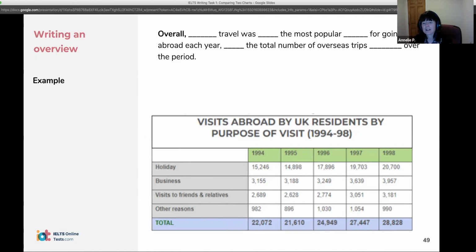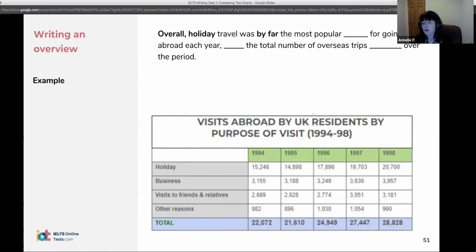You're a bit ahead of Patricia. What kind of travel was the most popular? Okay, very good, it's the holiday travel. It was not just the most popular, but, okay, very good, by far the most popular.